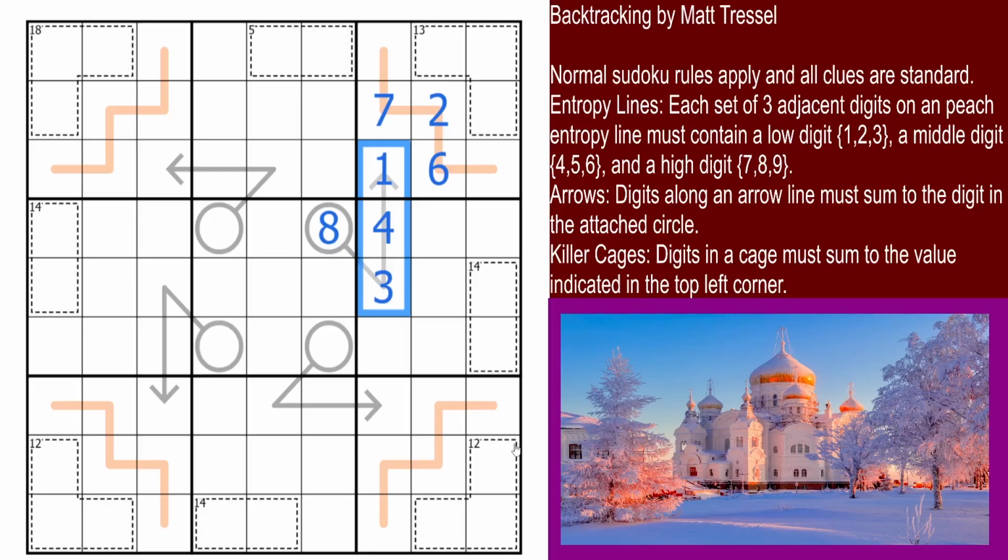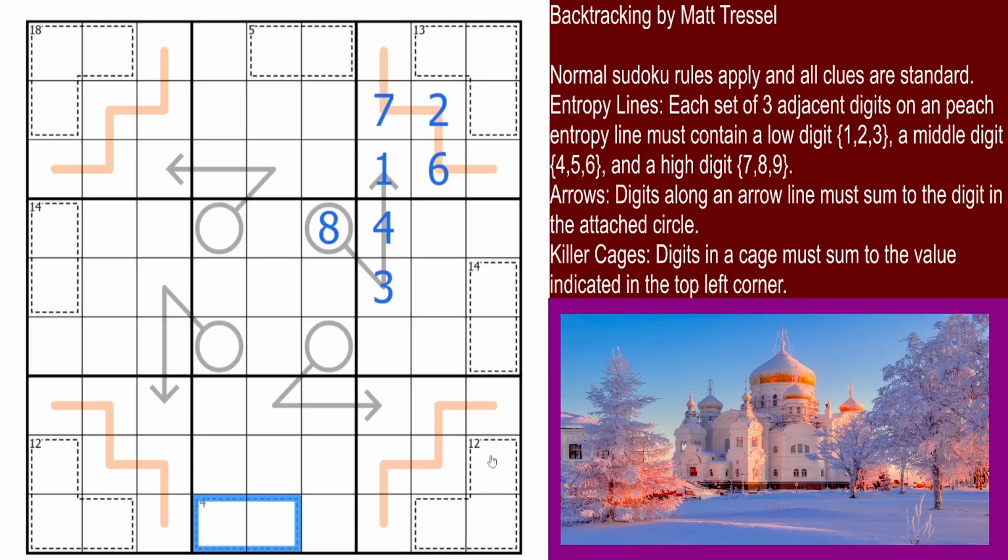Killer cages: digits in a cage must sum to the value indicated in the top corner. We can see killer cages also. Let's take this example, 12. Normally killer cages also mean that you cannot have repeated digits, but in this case all the cages are within a single box, so that is given.